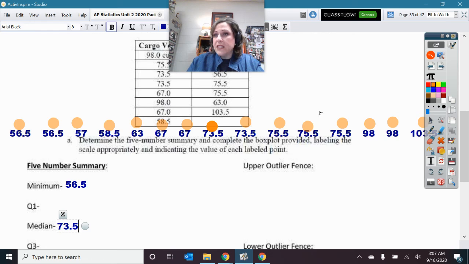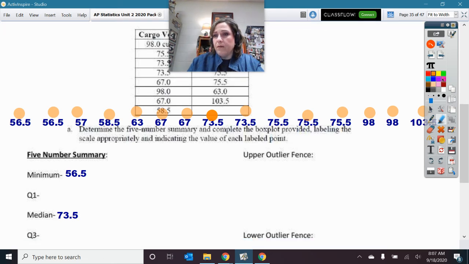Okay, now let's find the Q1. So what I'm going to do is take this bottom half of data. There are actually two different trains of thought. Some texts will include this median when finding that Q1. But our textbook didn't, and I don't think AP does either. So that's our median.